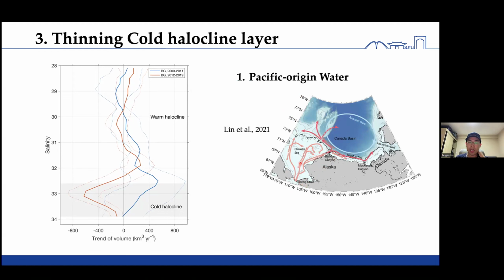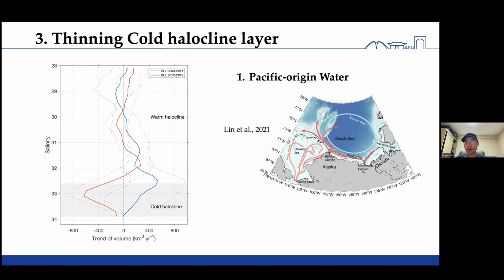So this is a schematic of the Pacific origin water circulation in the Chukchi, and it flows northward along three main pathways on average, and the majority of the Bering Strait inflow drains off the shelf through the so-called Barrow Canyon.